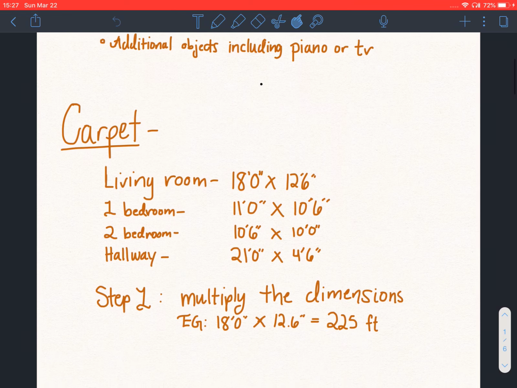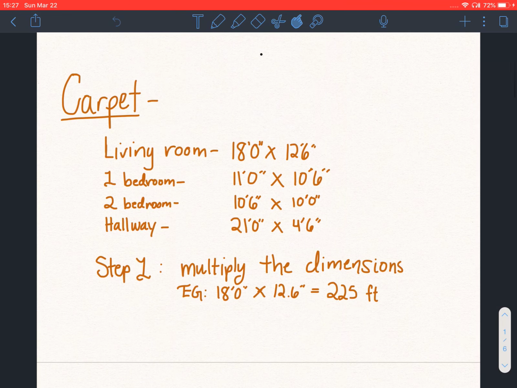For the first segment of the work you'll be doing this week, we have an example for Model 1 on, I believe, page 53. And I've written out the dimensions. The living room is 18 feet by 12 feet 6 inches.